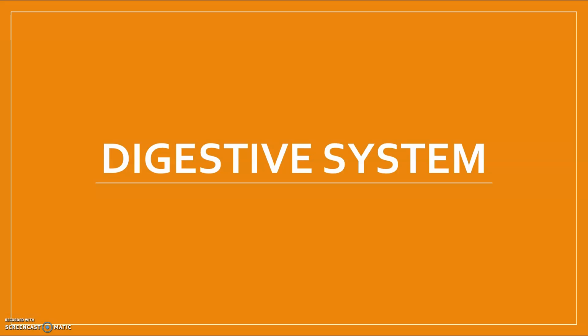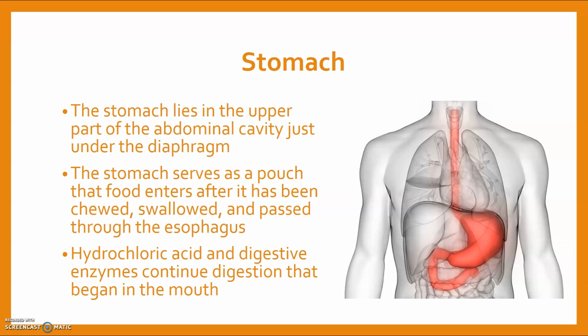For today's class, we are continuing our discussion of the primary structures of the digestive system by talking about the stomach and its associated disorders. The stomach is located in the upper part of the abdominal cavity and lies just under the diaphragm.